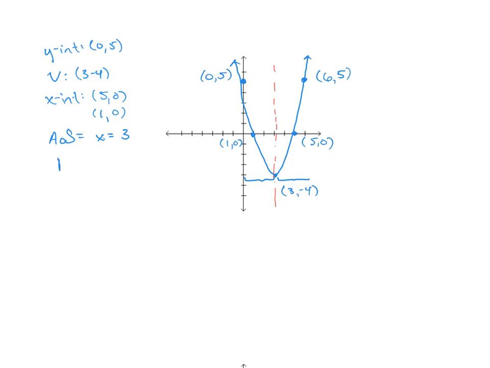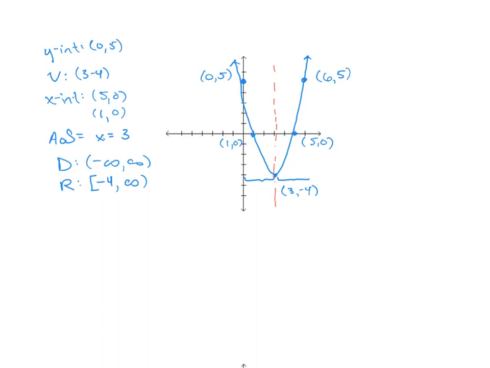From there we can determine our domain. Our domain is, again, negative infinity to infinity. And our range is going to be, since this is going up, we're going to start at the y-coordinate of the vertex, which is negative 4. We're going up to positive infinity.